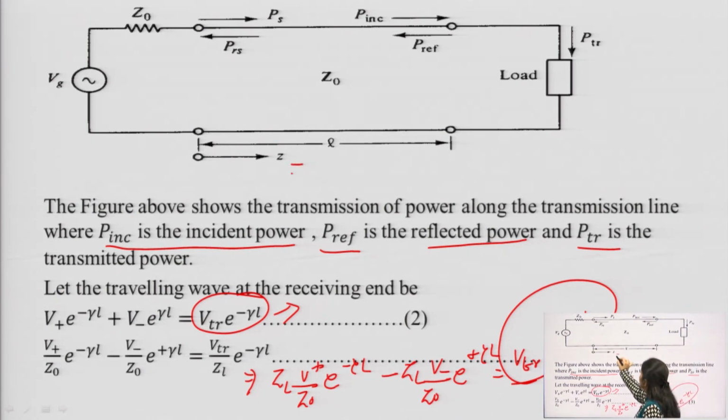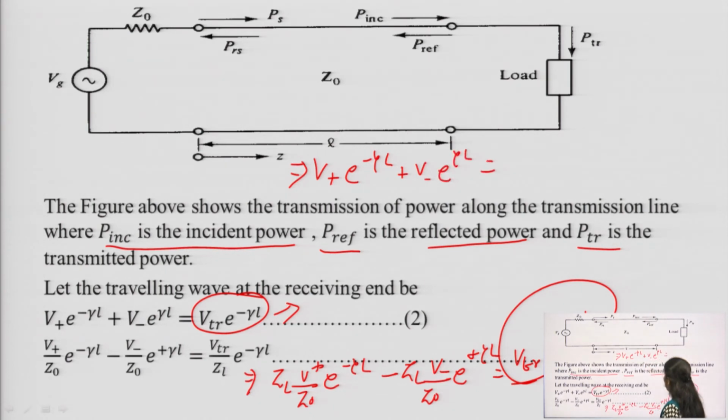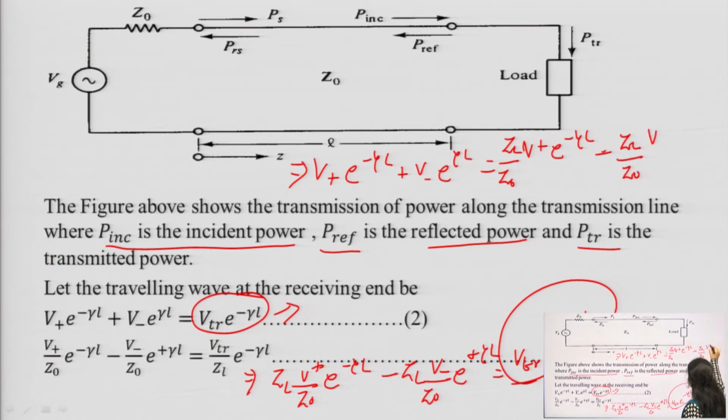So, I am writing equation 2 here after the substitution of VTR e to the power minus gamma L, and it is written as V plus e to the power minus gamma L plus V minus e to the power gamma L should be equal to what? ZL upon Z naught V plus e to the power minus gamma L minus ZL upon Z naught V minus e to the power plus gamma L. So, what do we have to find out here?